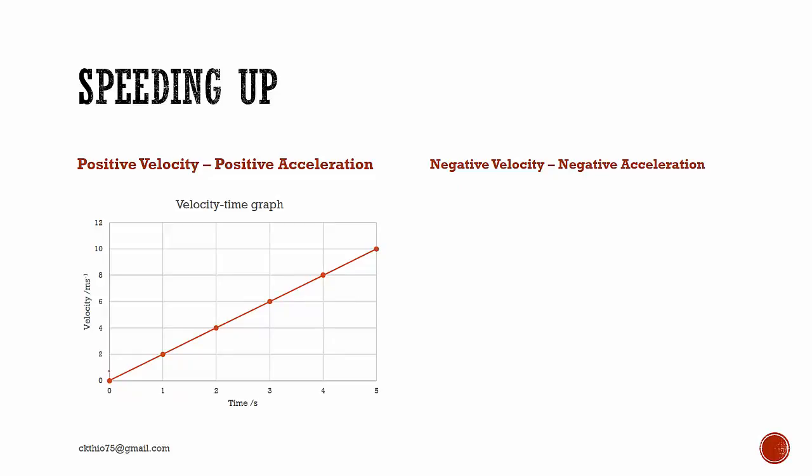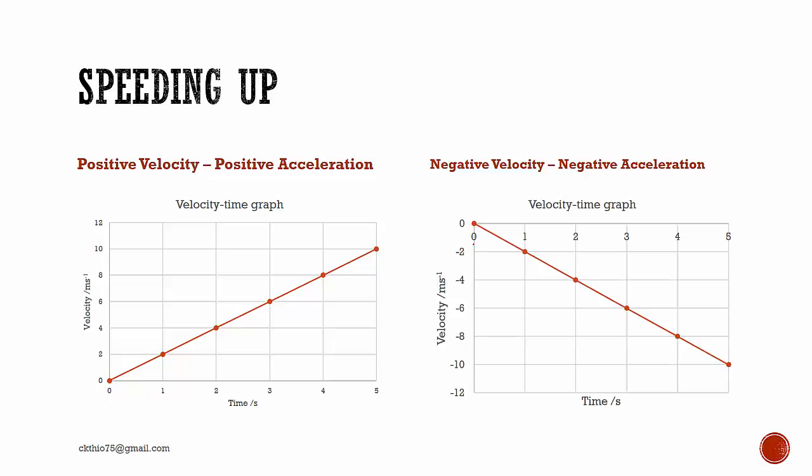You see that positive velocity and positive acceleration means a positive gradient. If it's negative velocity and it has a negative acceleration, it is speeding up.